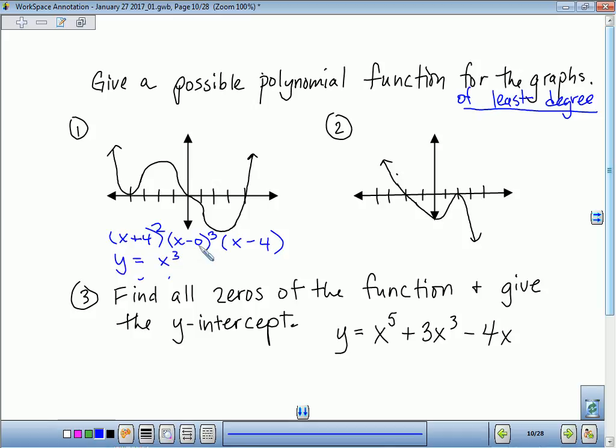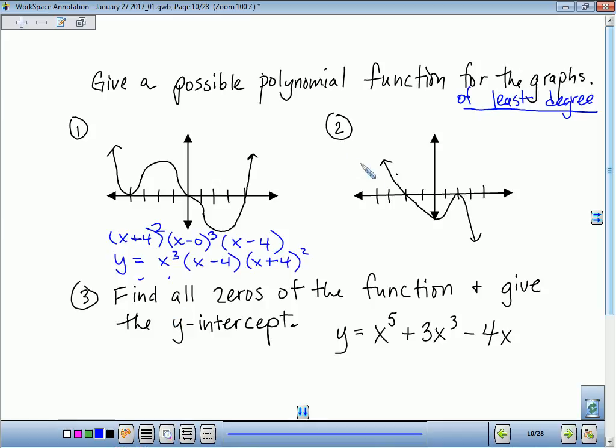We wouldn't write x minus 0. You'd write x cubed. And then we might do the x minus 4, because it's a binomial. And then the x plus 4 squared. Now, really, the only thing that has to happen, we start with monomials. The rest of the factors really could be in any order you want. But we always start with monomials.